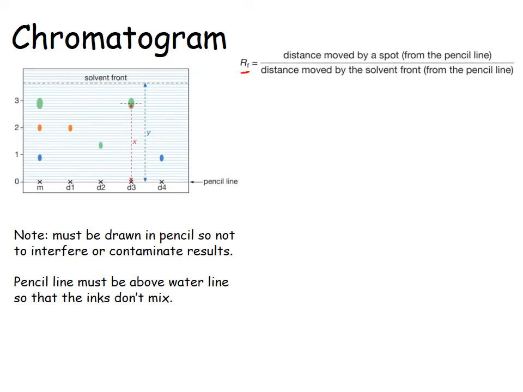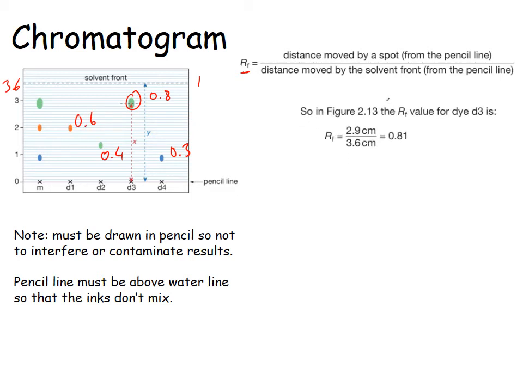So let's pretend that this solvent front is 1, but it has moved 3.6. This green dot here, I'll predict that this is around 0.8. This blue dot here, this looks around 0.3. This green dot here is probably around 0.4. This orange dot here, let's say around 0.6. Let's see if we're correct.